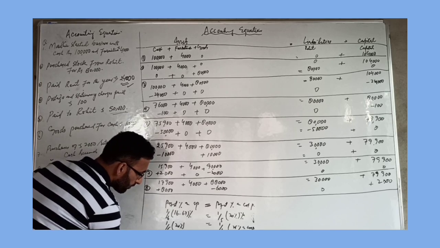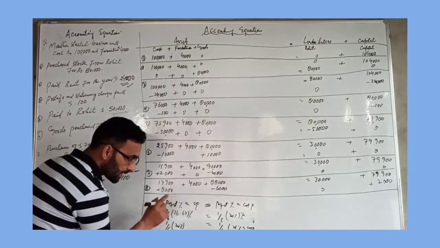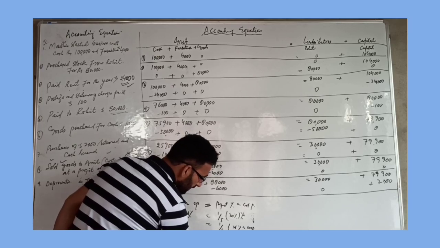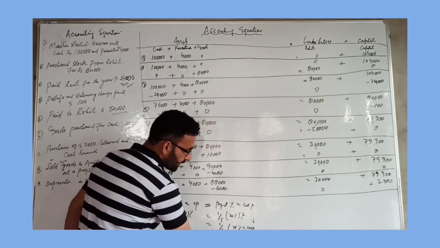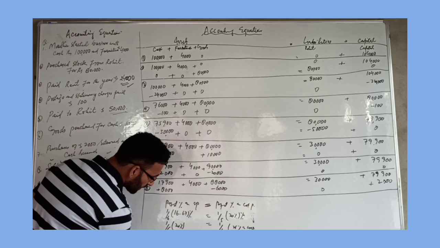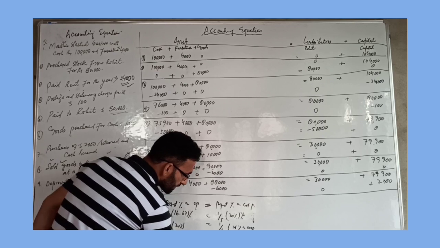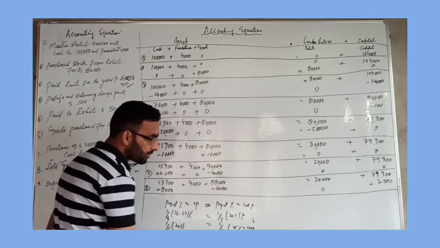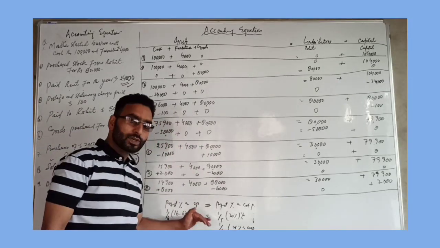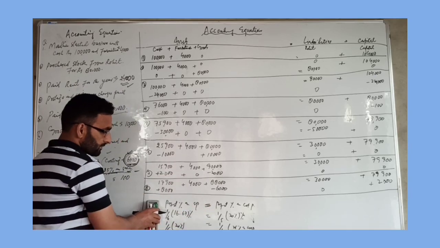Similarly, 1/4, that is 25% profit on selling price, is equal to 1/3, that is 33% on cost price. Similarly, 1/3, that is 33.33% on selling price, is equal to 1/2, that is 50% on cost price. Now if we remember this table, we can easily calculate cost price, selling price, cost amount, selling amount, etc.